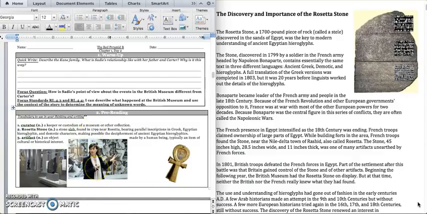The next word is Rosetta Stone, and it's a stone slab that has three different languages on it: Greek, Egyptian hieroglyphics, and another one. And that is the reason why people were able to figure out what the Egyptian hieroglyphics meant.